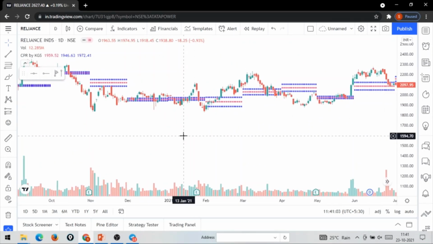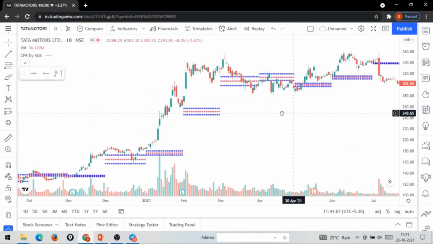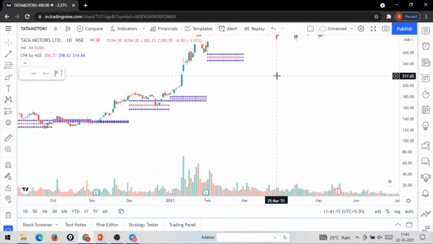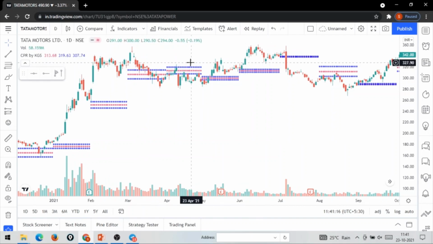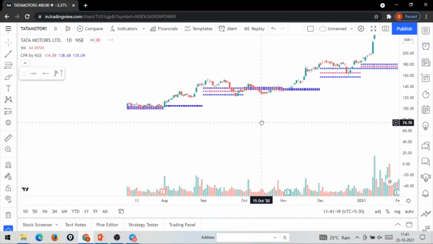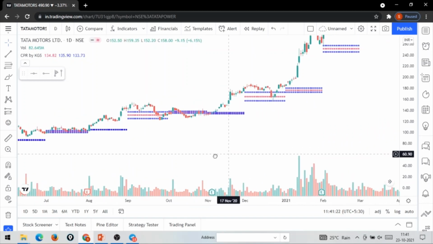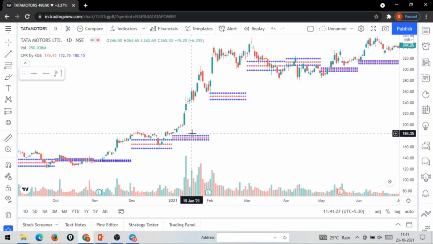Let's look at Tata Motors. It can be used for any stock. This is in a sideways zone, so there is no entry point here. There is a 1, 2 back to back, so there is an entry point here.